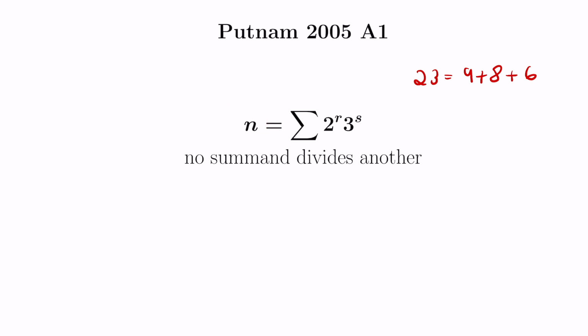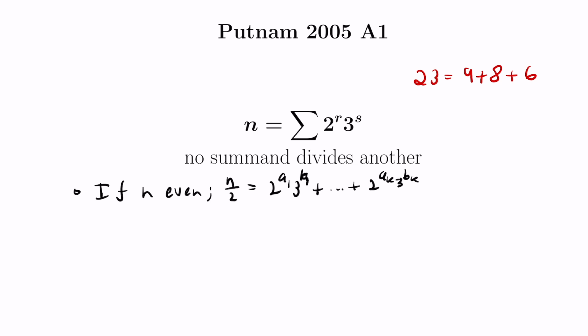Well, first of all, we're going to do some pre-processing. If n is even, n over 2 can be written as a sum of the form that we're interested in. So say something like 2 to the a1, 3 to the b1, plus all the way to 2 to the ak, 3 to the bk, where no summand divides another.